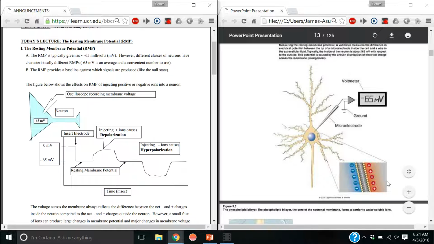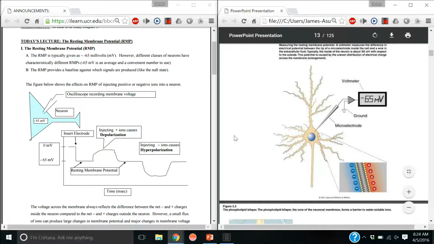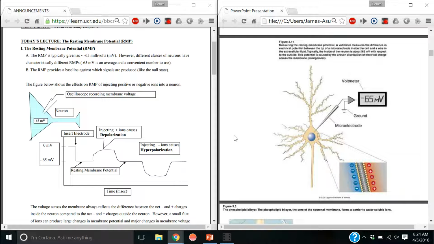But the reality is that's just a differential that creates negative voltage. The reality is that there are vast numbers of cations and anions intracellularly and vast numbers of cations and anions extracellularly. And so the percentage of the ions that create the voltage change is a trivial percentage of all of the ions that are separated. More on that later.